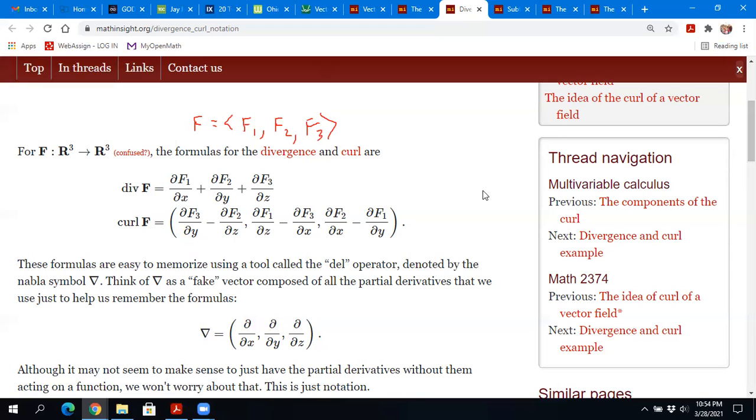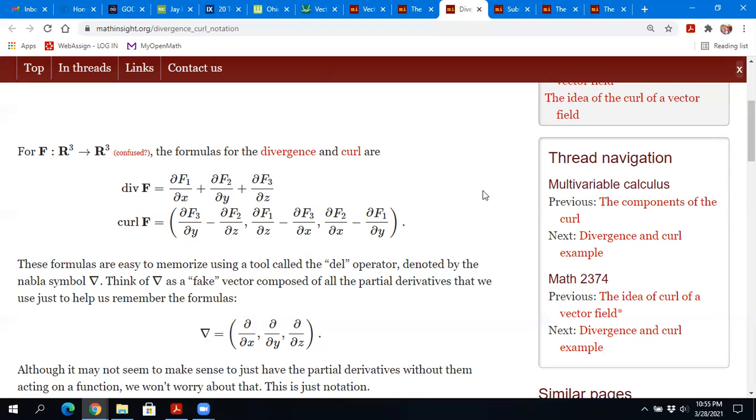Well, that's precisely measured by taking the y partial derivative of the second coordinate of the vector field. And similarly for the third coordinate, you just add up those x, y, and z gain or loss of fluid, and that's going to tell you what's happening at a given point. So you add up those rates of change, and that tells you: am I tending to gain or lose material at a given point?